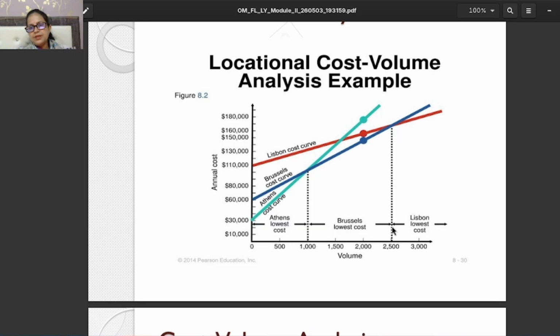But if we are producing more than 2500, Lisbon is good. So these are the ways we have to analyze the total cost, and see which location will be good for us in cost volume analysis.